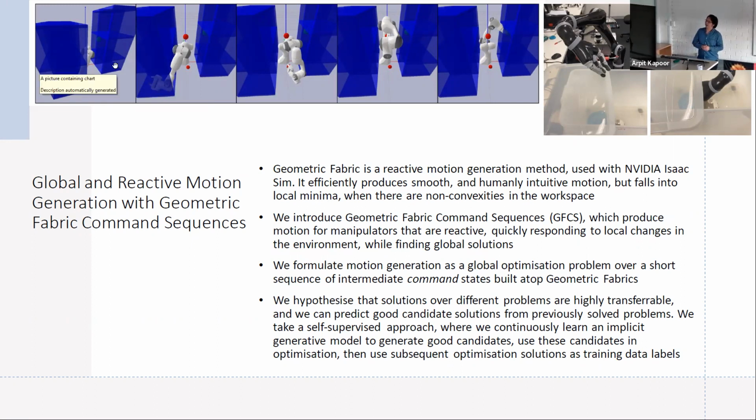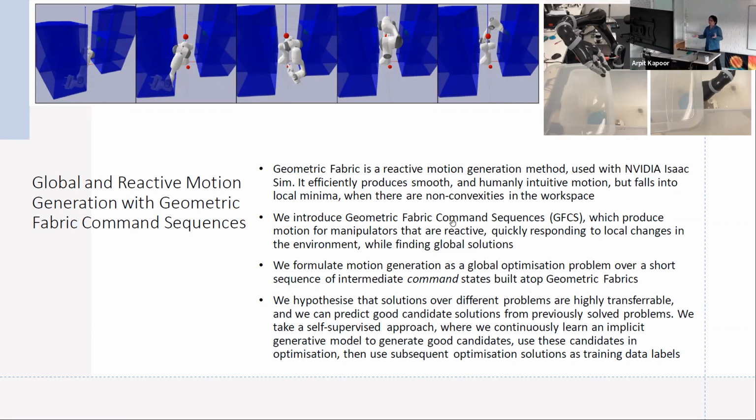essentially motion planning is an optimization or a search problem, and reactive methods are particularly prone to non-convexities in the environment. There are other methods, sampling-based methods, that can escape this, but they are slow, and they also produce really nasty-looking and unintuitive trajectories.